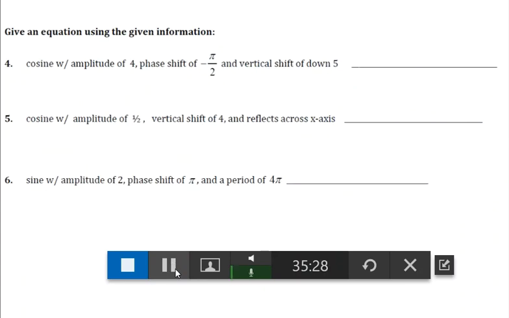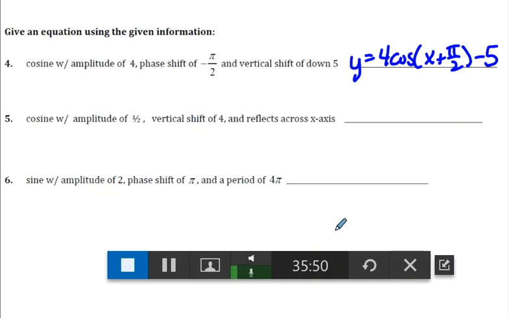Okay, go ahead. Y equals 4 cosine parentheses x plus pi over 2 parentheses plus 5. I need minus 5. All right, is that okay? Yeah? Any questions? No. Okay.